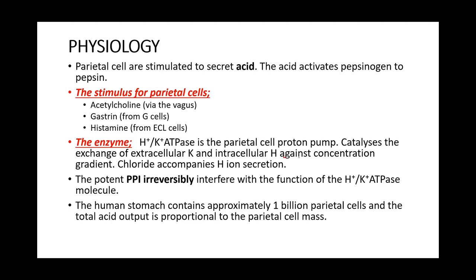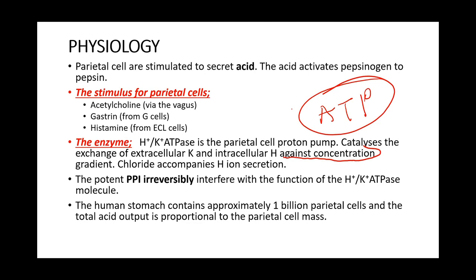It is against the concentration gradient. That's why it requires ATP, because it is moving ions against the concentration gradient. Now, chloride accompanies the hydrogen ion when secreted into the lumen to form hydrochloric acid.